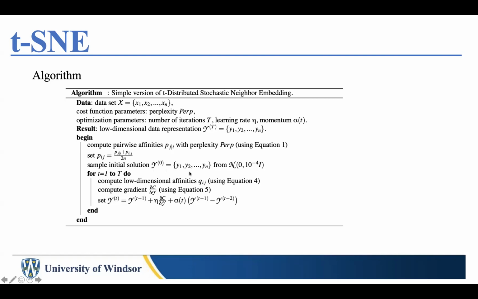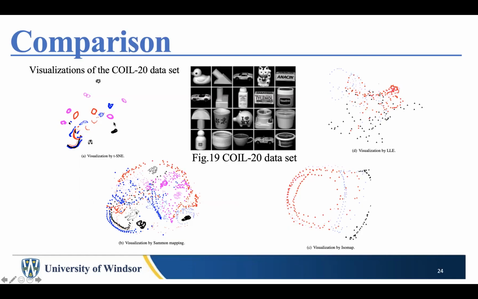Then, in the learning step, for each iteration, it will compute the joint probability in the low-dimensional space and the gradient, and apply an initial learning rate and a user-defined momentum to speed up its optimization until it finds a global minimum.